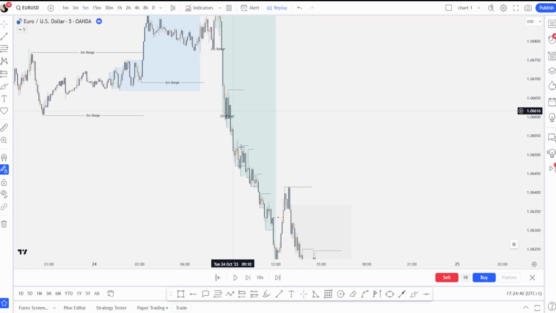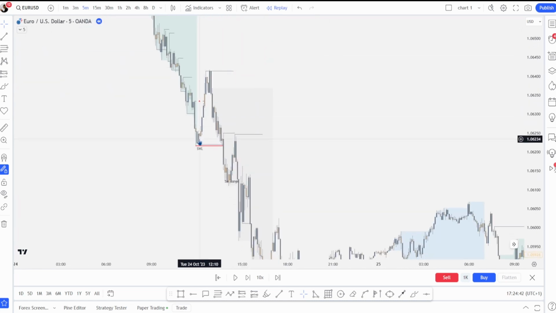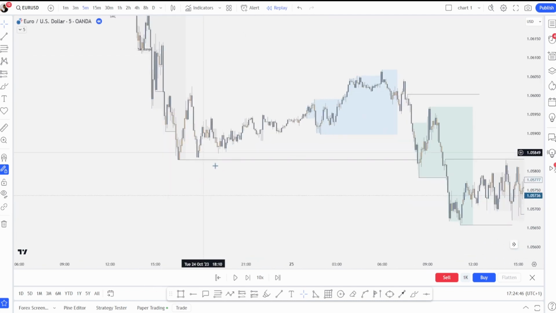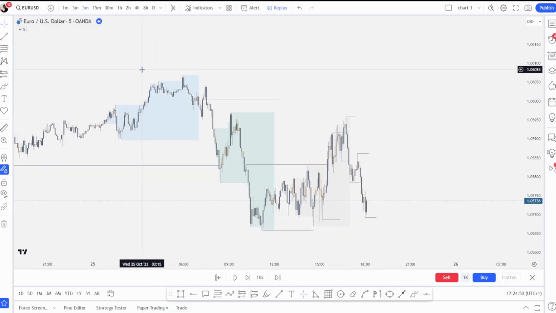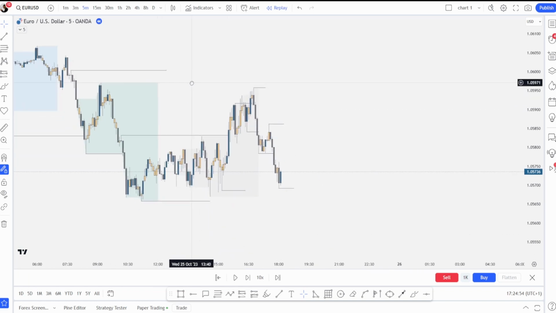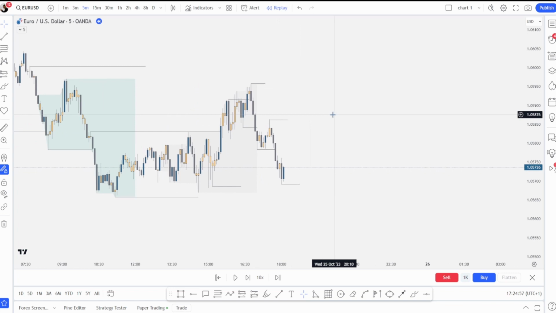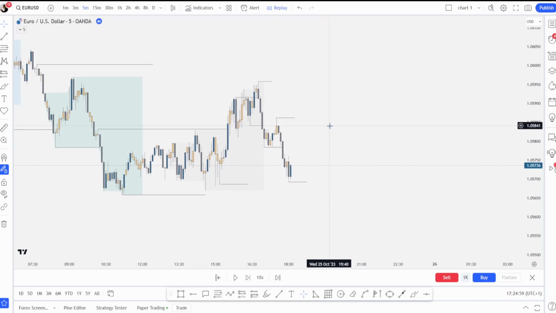Then we continued to go bearish, bearish, bearish, bearish, bearish, bearish, bullish, even though we had a bearish range. Then we've gone bearish, bearish, bearish, bearish, bearish. So you can already begin to see the probability is always going to be on your side. If you are consistently tracking these ranges, you have a much higher likelihood of knowing the direction within the 5-minute structure, at least, where price is going to go.